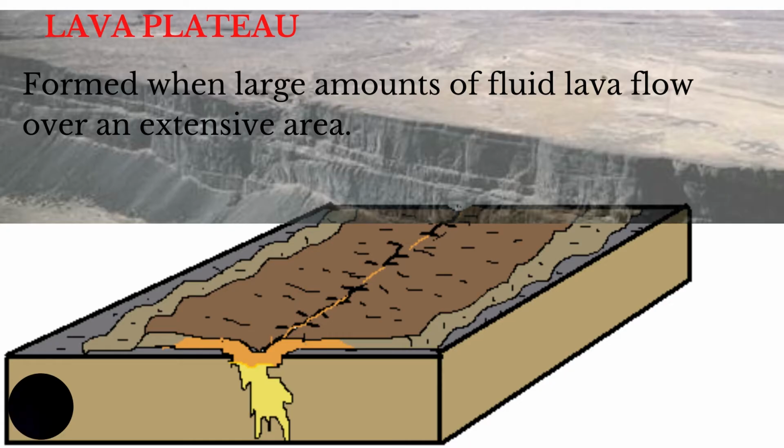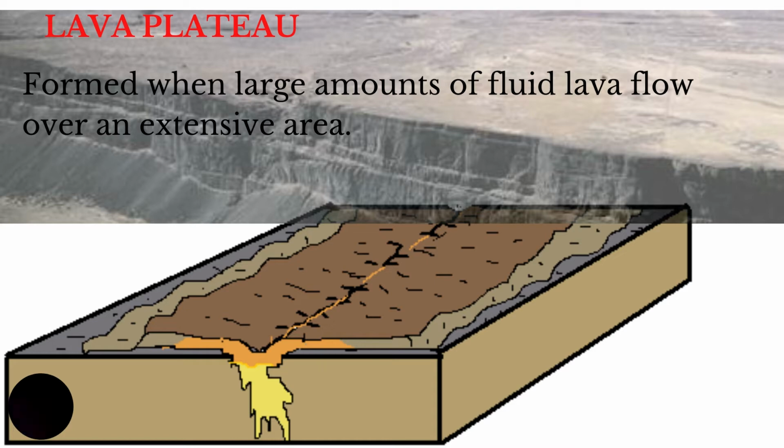Now, oftentimes, as we can see in this diagram, a lava plateau forms where the lava is ejected from a vent or a long crack in the earth.